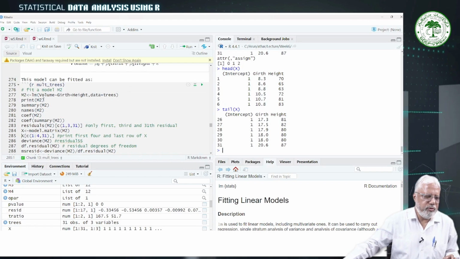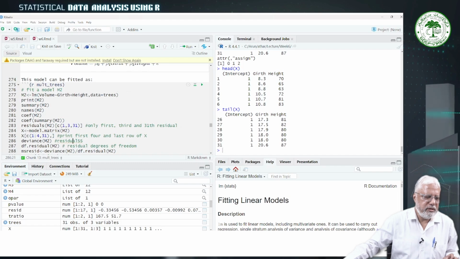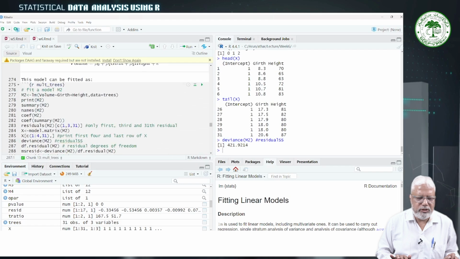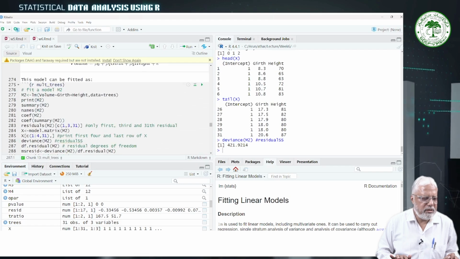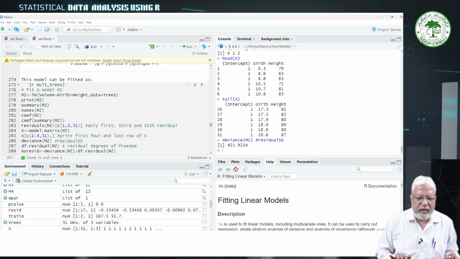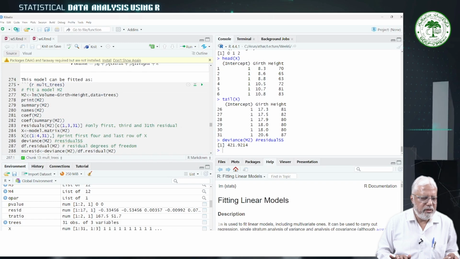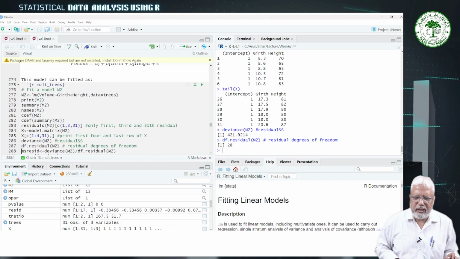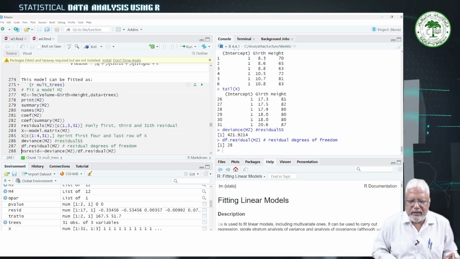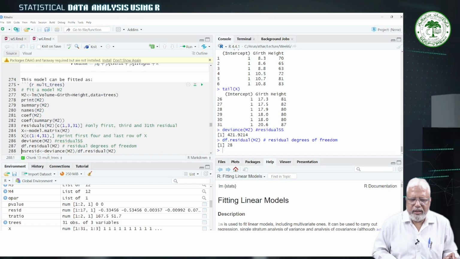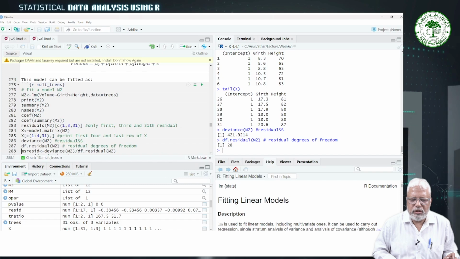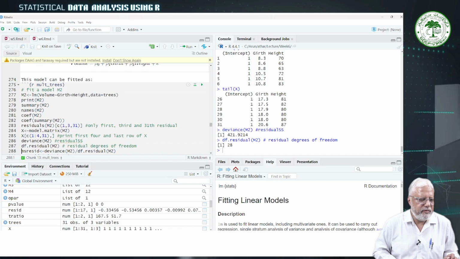Now, we can compute residual SS, and that is nothing but deviance. It is deviance M2, residual SS. And then we can get degree of freedom of residual. So, this is 28. Where does this 28 come from? Actually 31 minus 3, because there are 3 betas, beta naught, beta 1 and beta 2. So, 31 minus 3, that is 28.